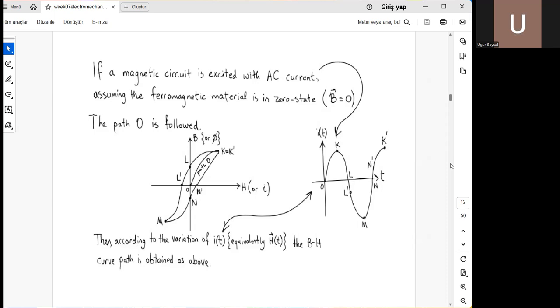So that's the hysteresis characteristics.